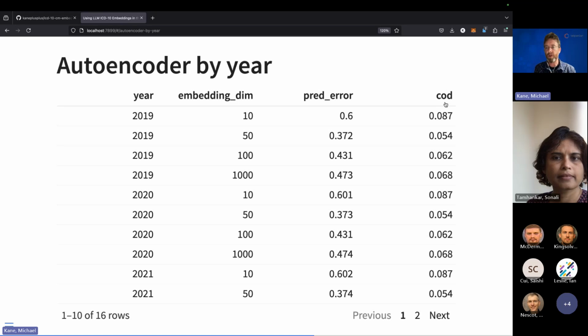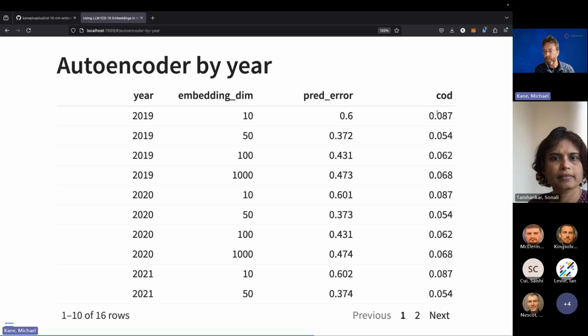All right. So when the coefficient of determination is smaller, it means we're retaining more information, and when it's bigger, it means that we're not.